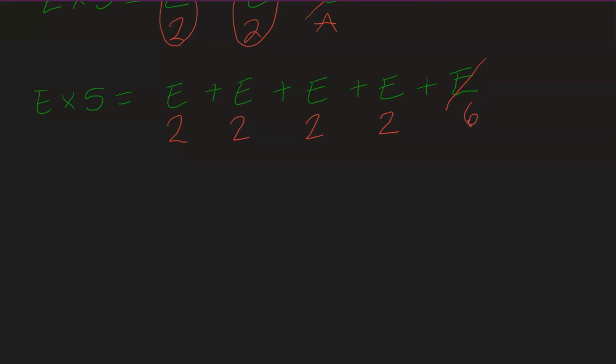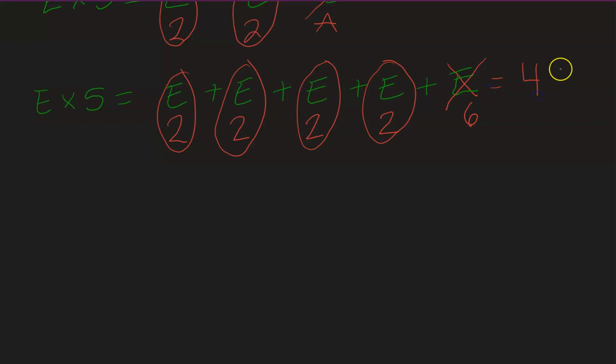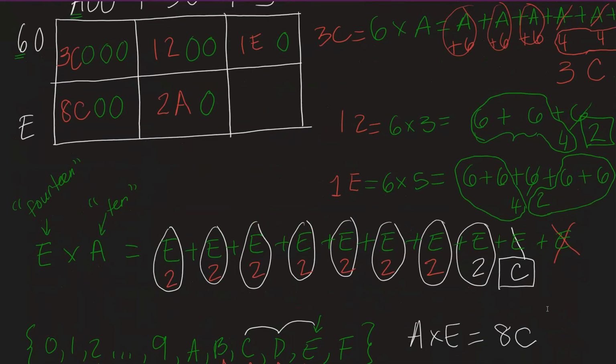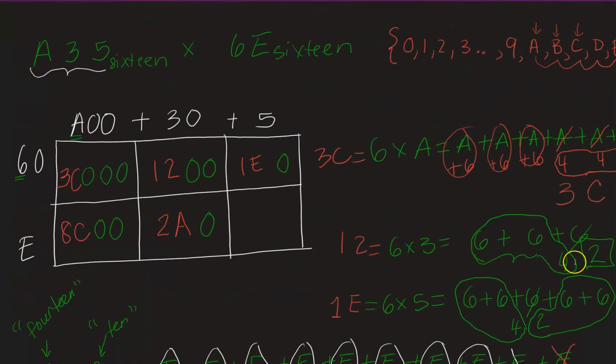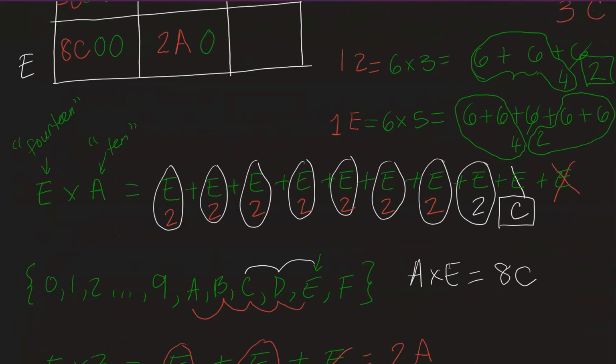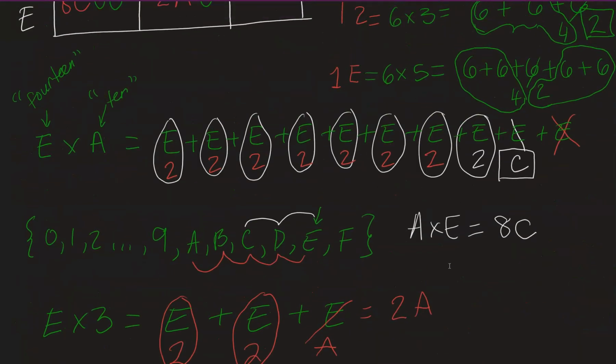Okay, so I would say this right here, 5 times E is 1, 2, 3, 4, 4 groups of 16 and 6 singles. Let's go back to our problem here. E times 5 is, we said, 4, 6.